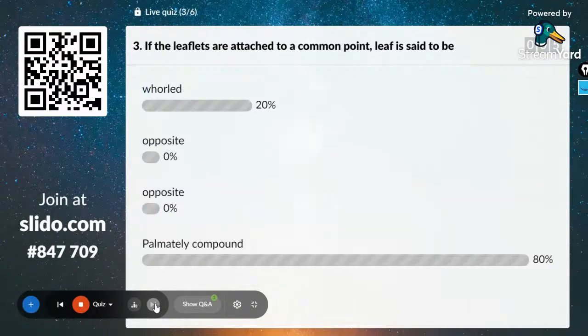If the leaflets are attached to a common point, you will call it a palmately compound leaf. If it was the leaves attached to a common point, it would be whorled phyllotaxy. Since the leaflets are attached to a common point, it is a palmately compound leaf.